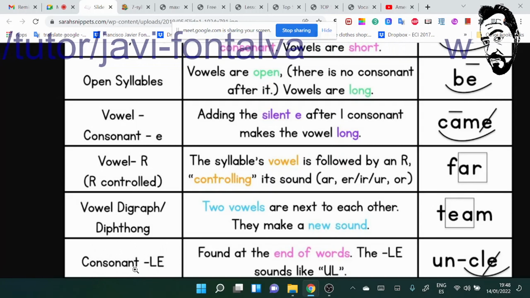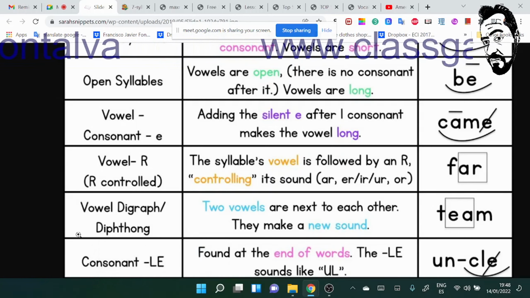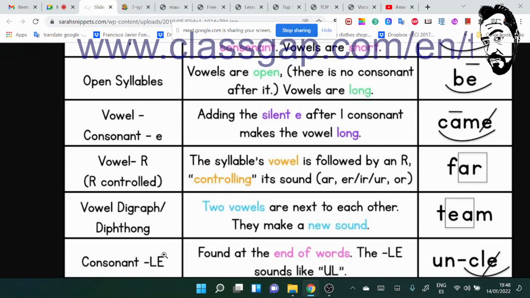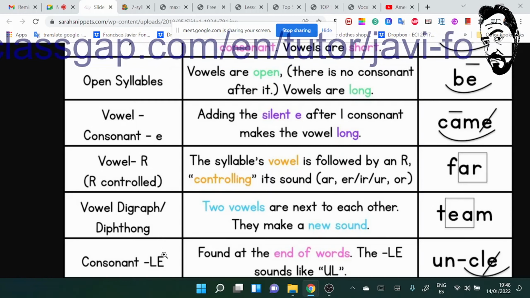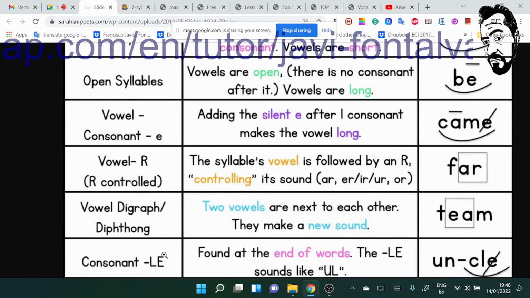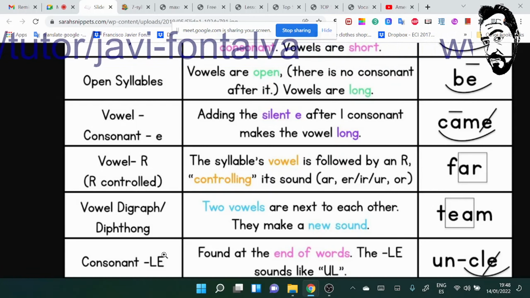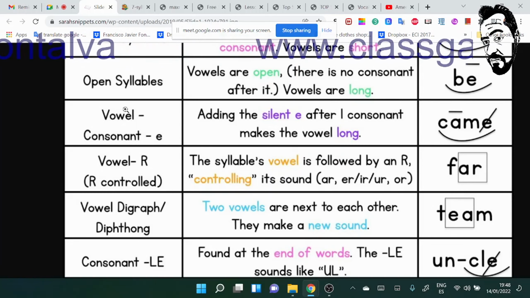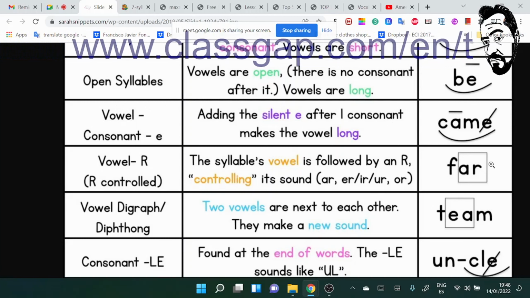Finally, another very common kind of syllable is what we call consonant-LE syllable. So basically that means you're gonna have a consonant, any consonant, it could be a C, it could be a B, and then the LE pattern. Okay, when you have this LE, remember this is not the magic E, okay?